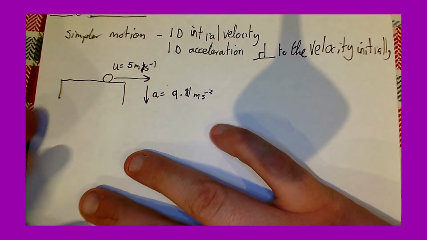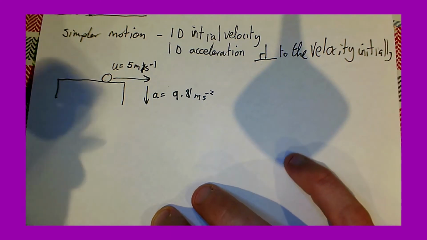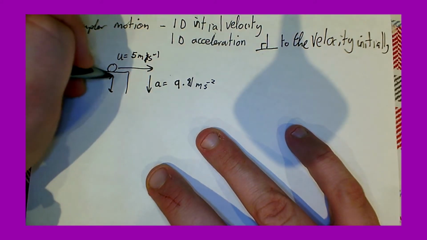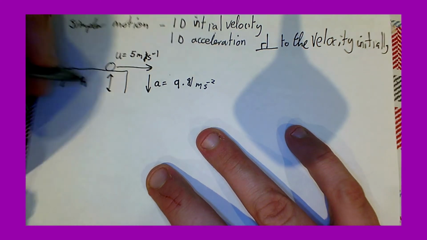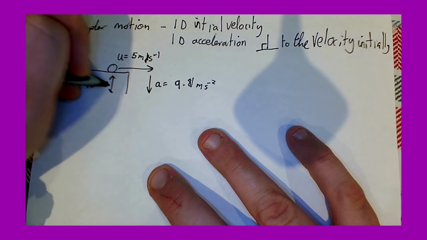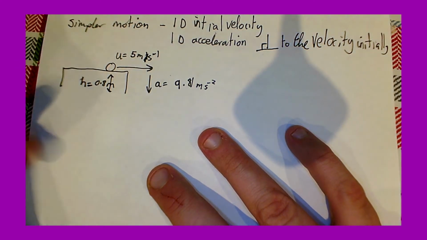Now, the classic question for this is how far from the table does the ball drop? Well, we need some more information for that. We need to know the height of this table. So the height of this table is going to be 0.8 meters. And that's the only other information that we need.